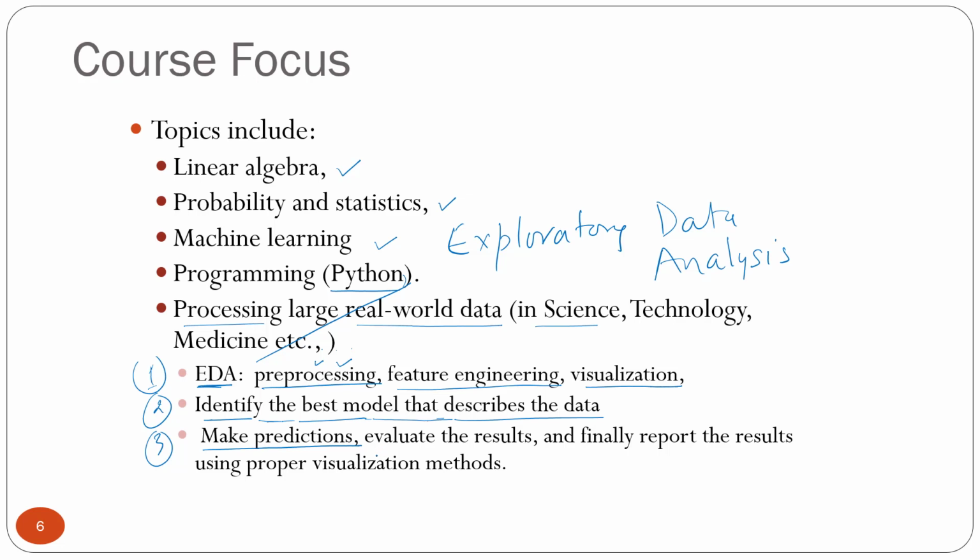That is what we usually do in data science problems or projects. So after building a model, we will check how good the model is doing on unseen data, where the model will be making some predictions. Now we'll have to check how good these predictions are, so we'll have to evaluate the results.